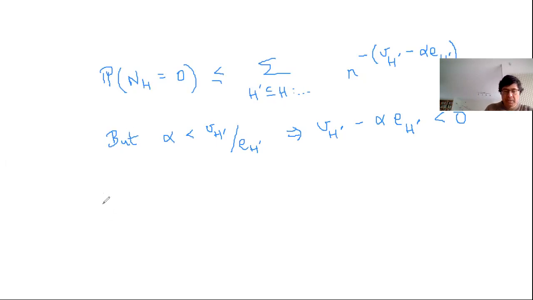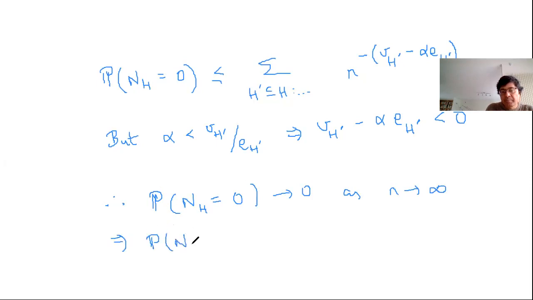Okay, so therefore, the probability that the random graph G(n,p) contains no copies of H tends to 0 as n goes to infinity, which means the probability that it contains at least one copy of H tends to 1 in this range of parameters.